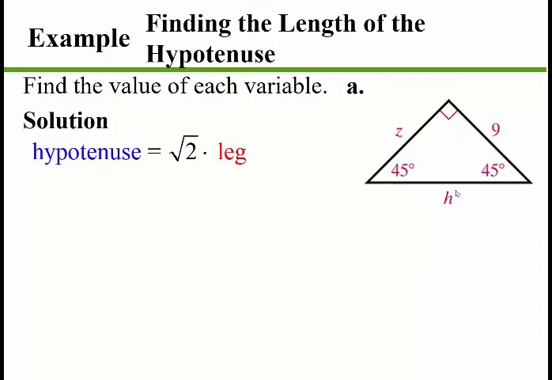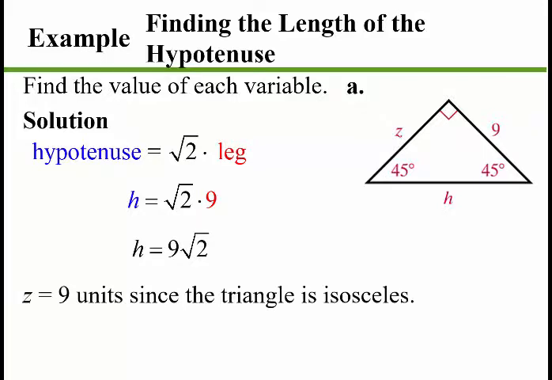So we know then that the hypotenuse h is equal to the square root of 2 times the length of the leg. Well, the hypotenuse here is the square root of 2 times 9, or just 9 square root of 2. That's all you have to do for the hypotenuse. Now, the length of the other leg, z, well, that's 9 units since the triangle is isosceles here, the 45, 45, 90, because the theorem tells us that these two legs will be congruent.